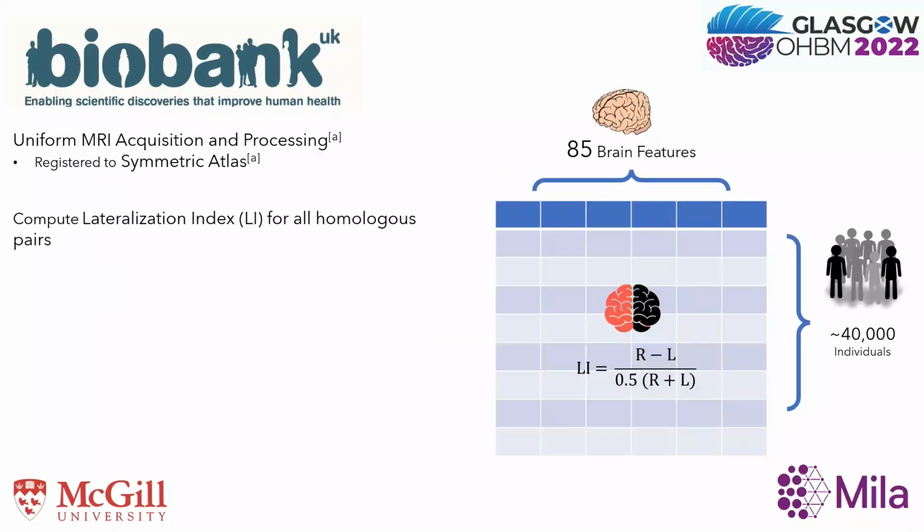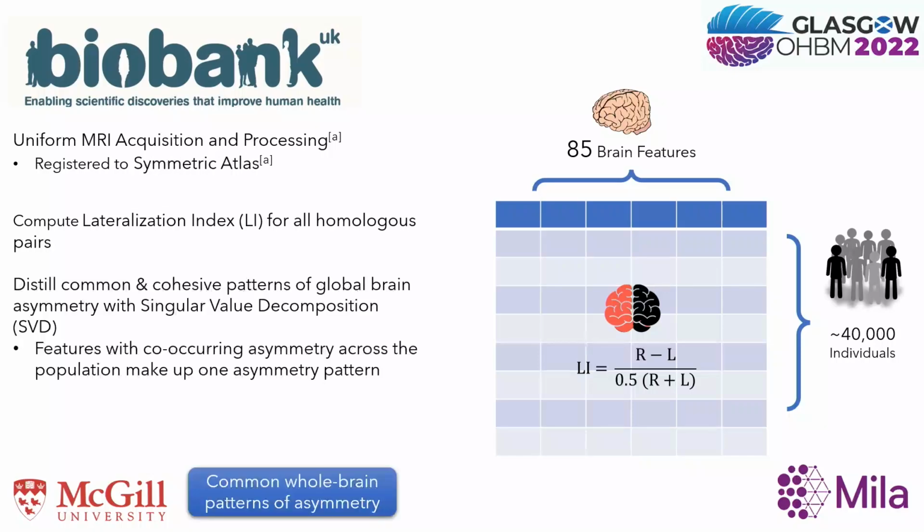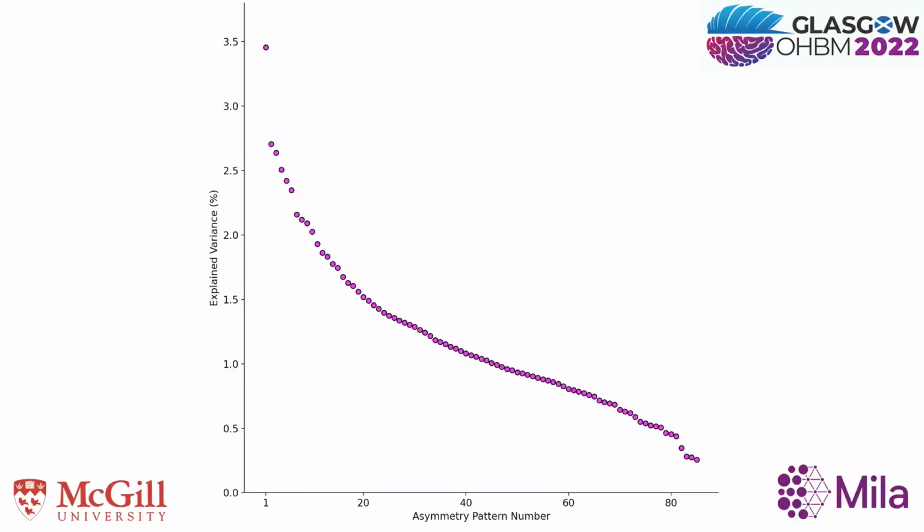With this, I used a dedicated machine learning pipeline to identify common and cohesive patterns of brain asymmetry which pervade across the population. Using singular value decomposition, we can identify one or many common motifs of brain asymmetry, and each will be associated with an importance score by construction, and that importance score is shown here.